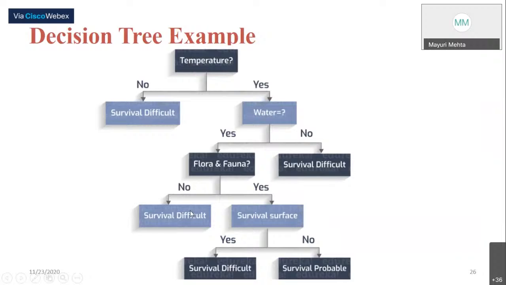Right? So several such rules can be created, and these rules help us to infer the class name for the input instance. So you may have a certain set of rules from this tree structure.